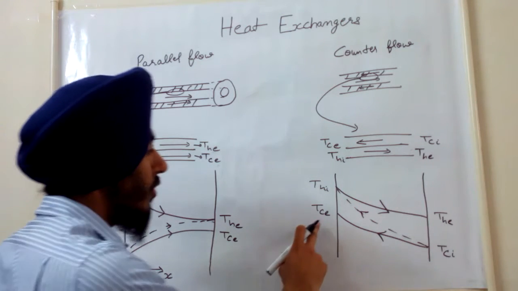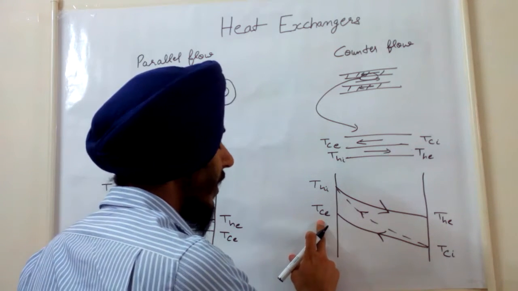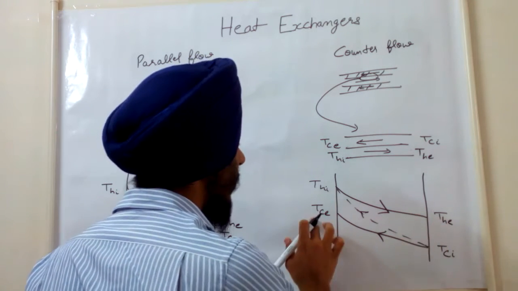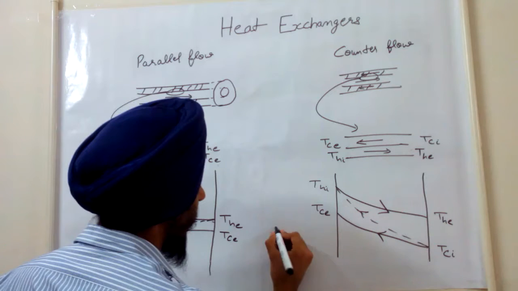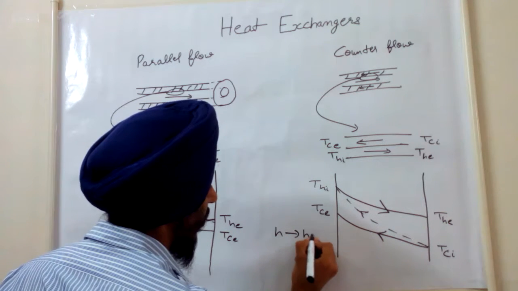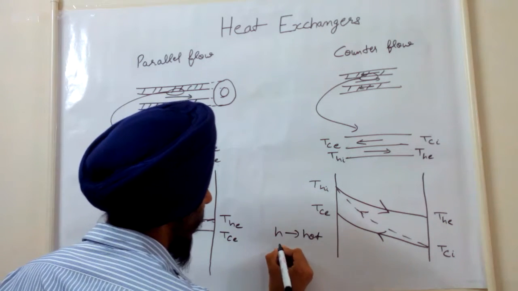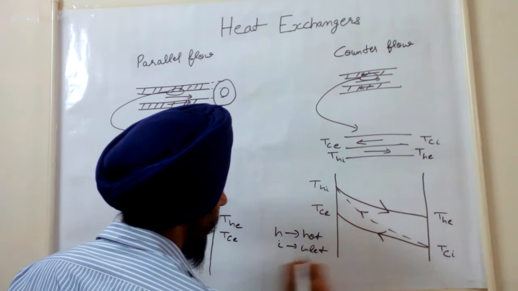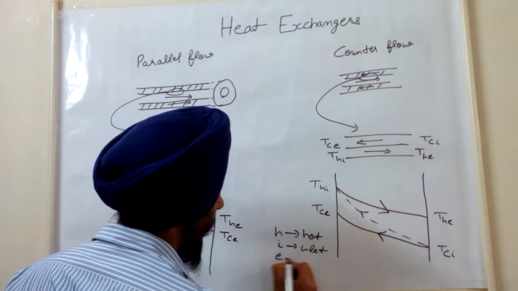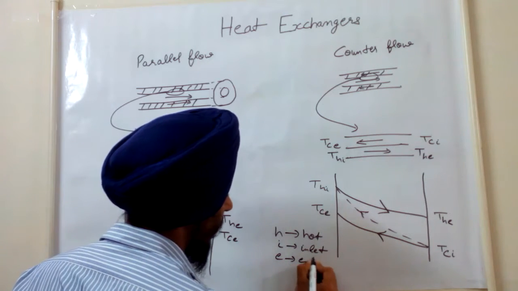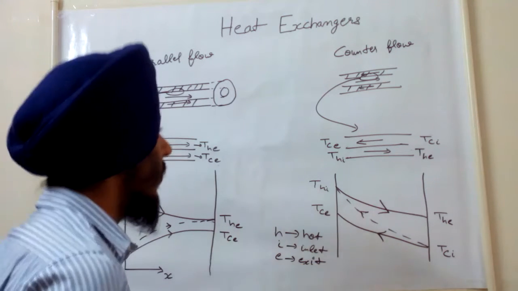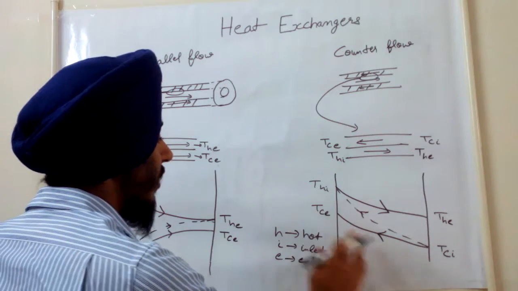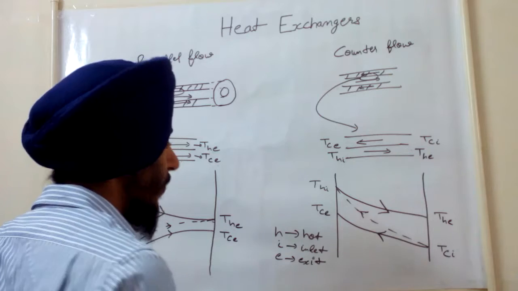So in case of counter flow heat exchanger, T_CE can be greater than T_HE. These are subscripts. H means hot, I means inlet, and E means exit. So in this case we can clearly see T_CE can exceed T_HE.